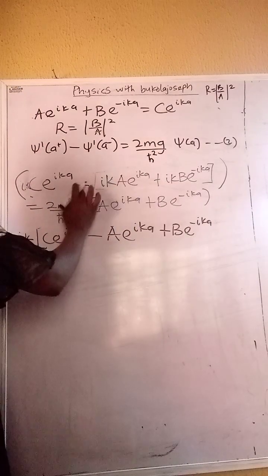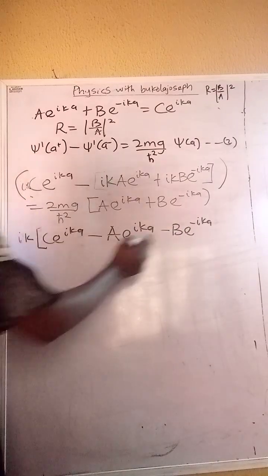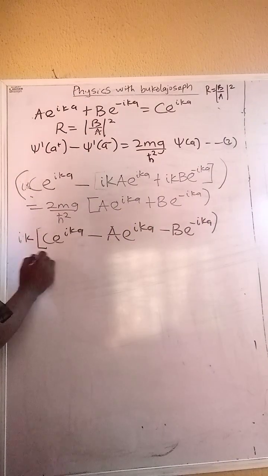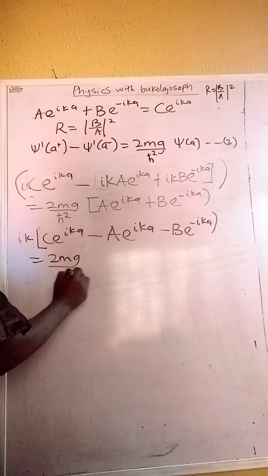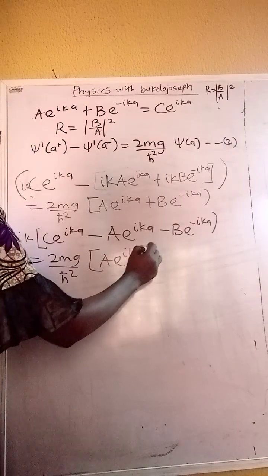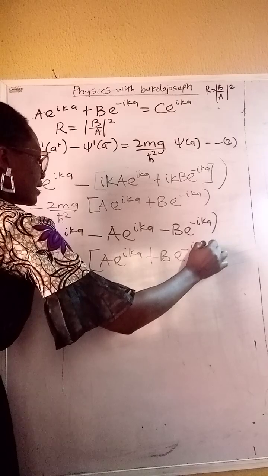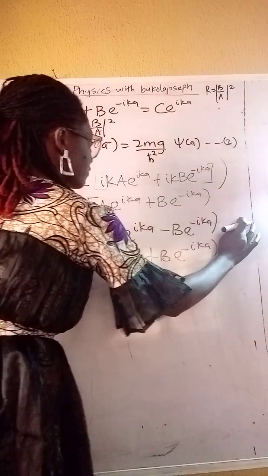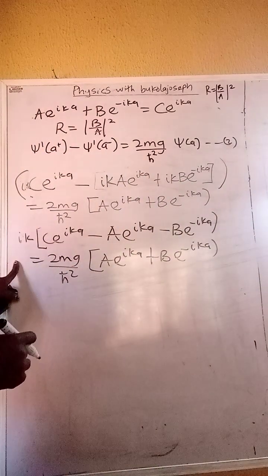This will become a minus, is equal to 2mg over h cross squared, A exponential ika plus B exponential minus ika. So we have this.